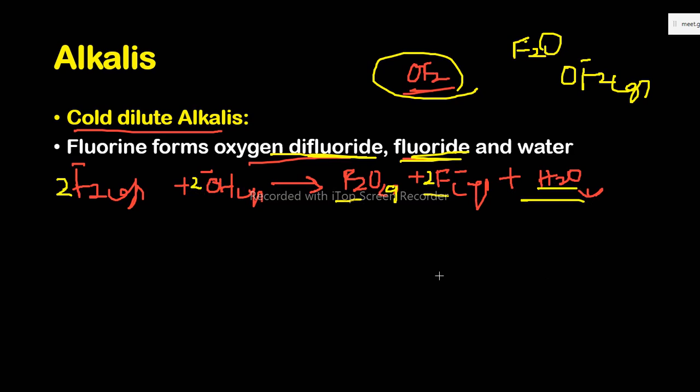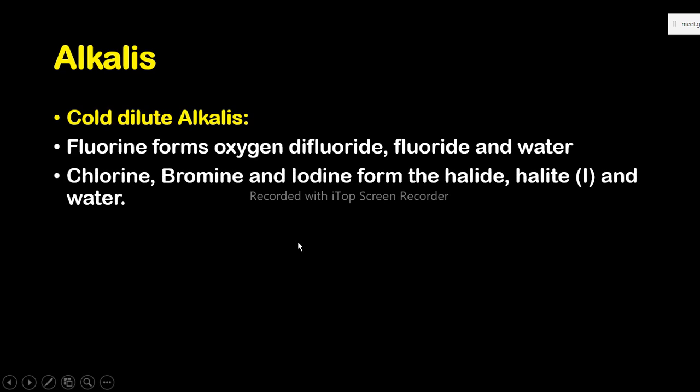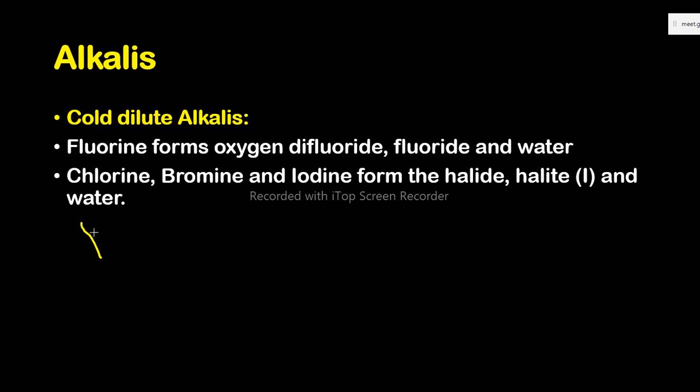Now that is fluorine, which is a special case. But how about the other halogens? All the rest will react with cold dilute alkalis to form a halide, a halite, and water. So it is as simple as that.